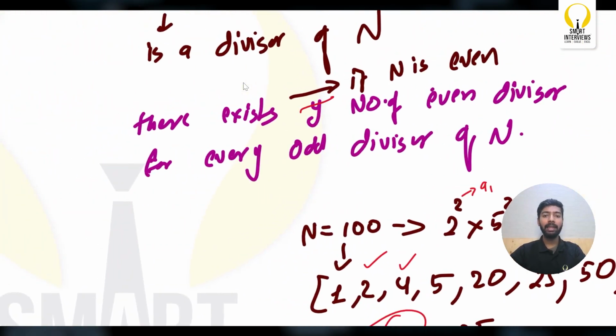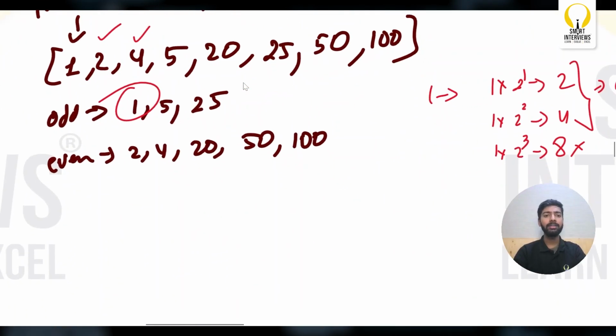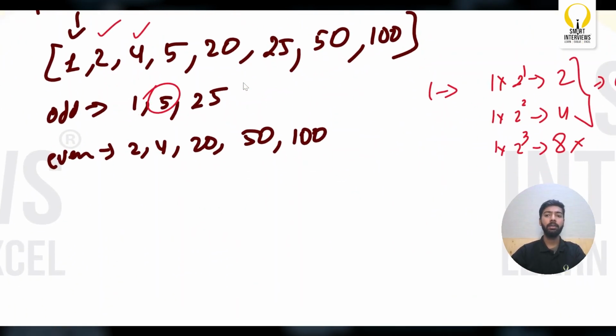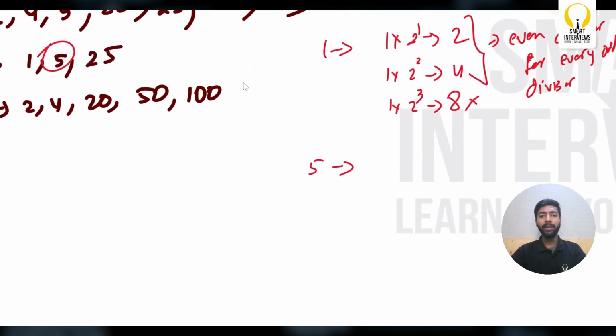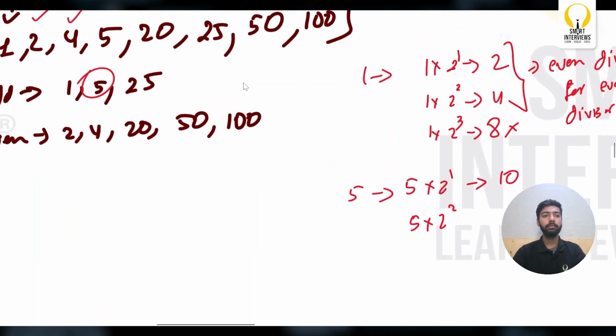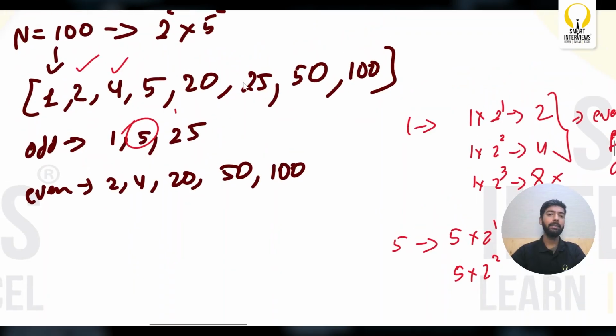Now the value is a1, it's not y. Let's continue tracing down. Let's continue to find the value for 5 as well. Now for the 5, how many even divisors can we generate? So 5 into 2 power 1, 5 into 2 power 2. 5 into 2 power 1 is 10. Okay, we also missed the 10. Let me write the 10.